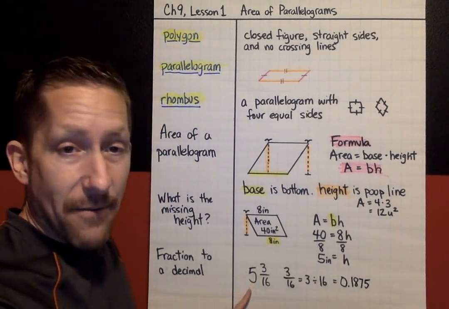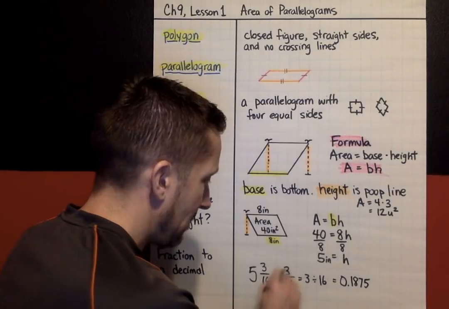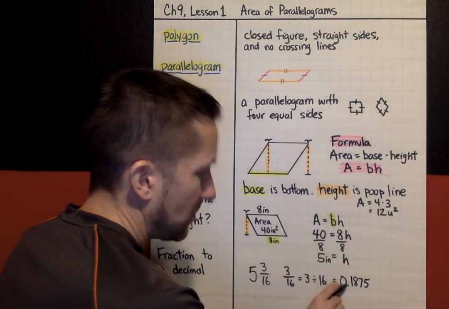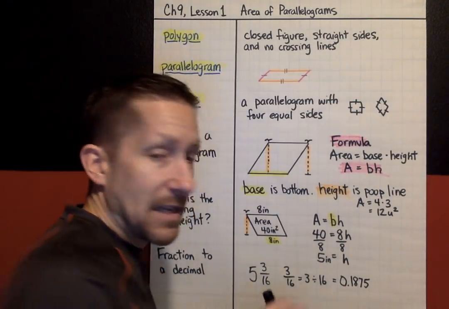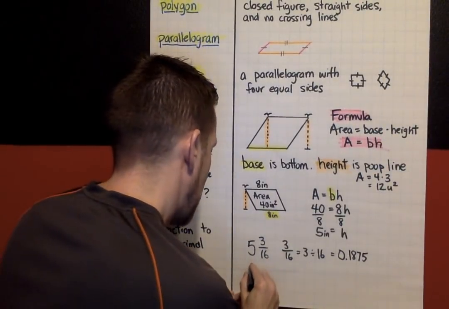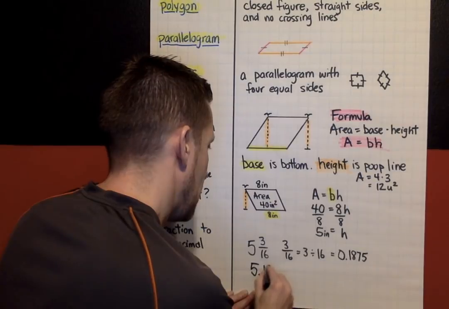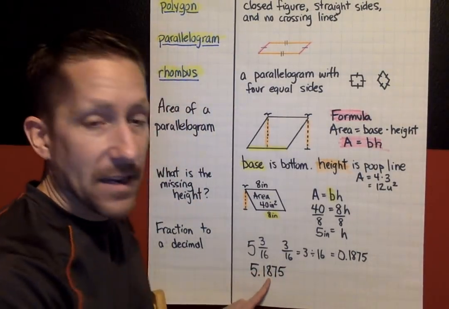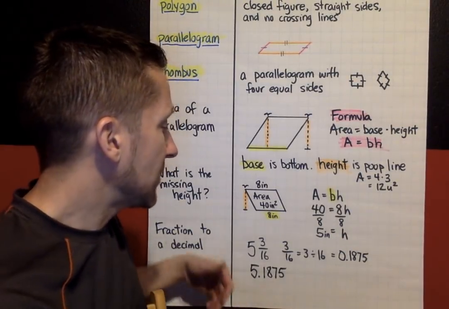So if I have 5 and 3/16, I know that I can calculate the fraction part and figure out that the decimal equivalent is 0.1875. So 5 and 3/16 is the same as 5.1875. Now I can type that into my calculator and use a calculator.